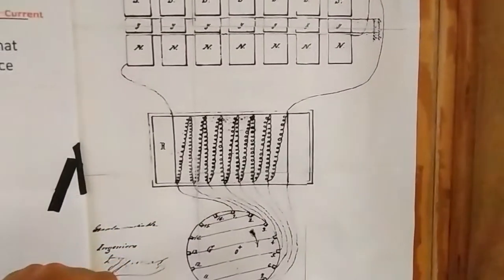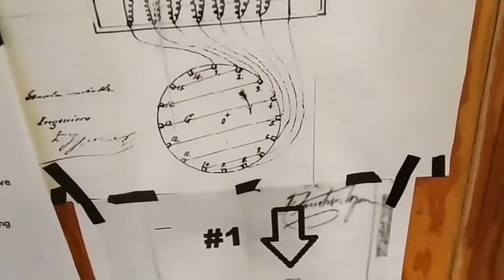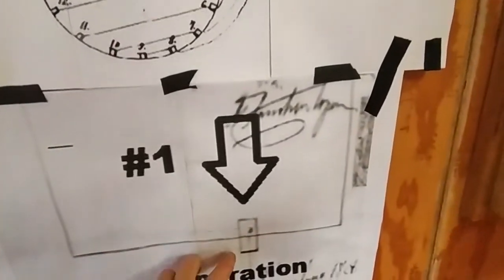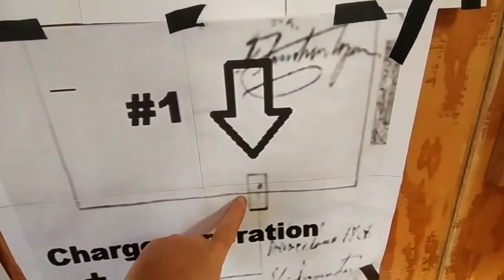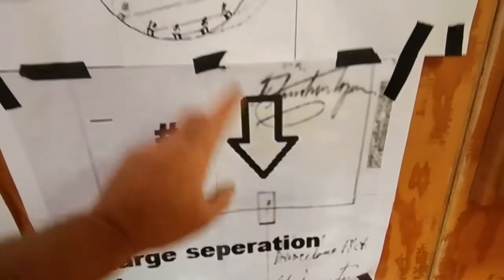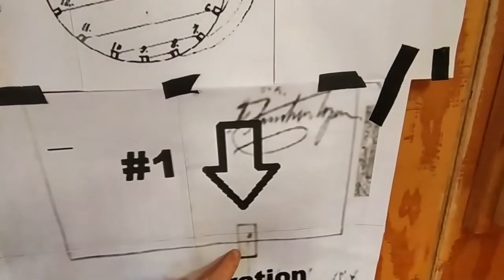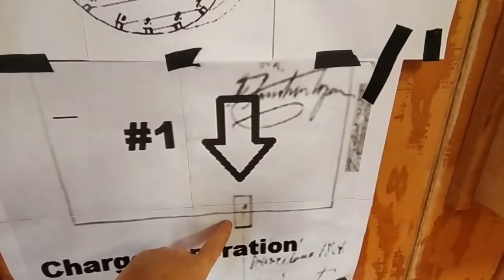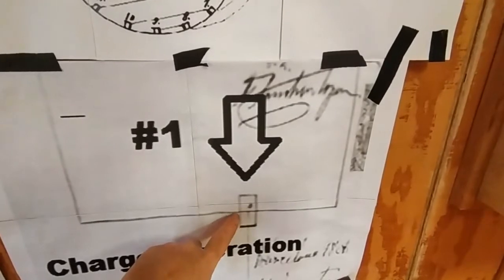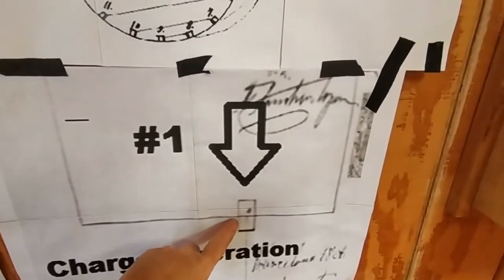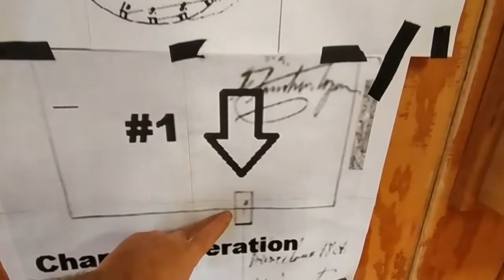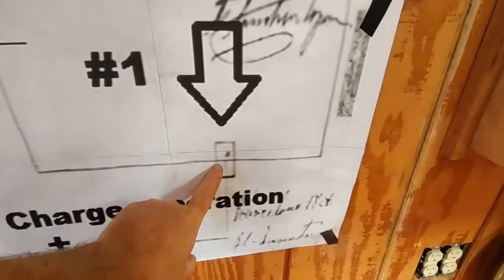And another thing I want to talk about is the charge separation. The charge separation that it shows in the patent, not in the 1908, but the before patent. He's stupid and he's not stupid, but he was greedy and he tried to repatent everything. But anyways, they show that charge separation.